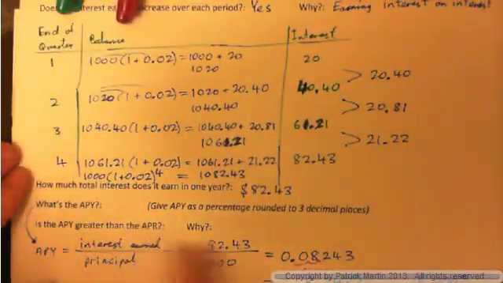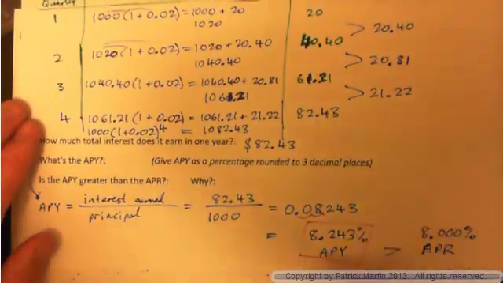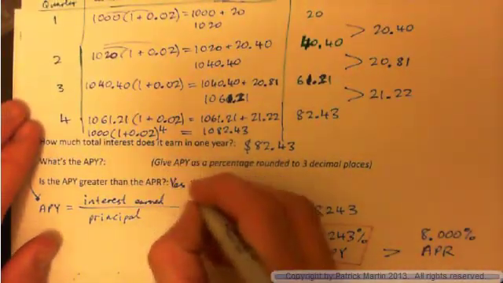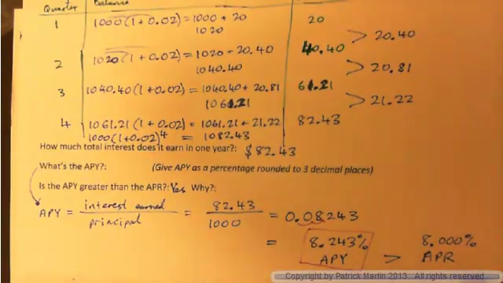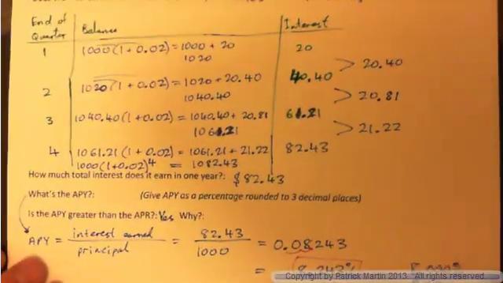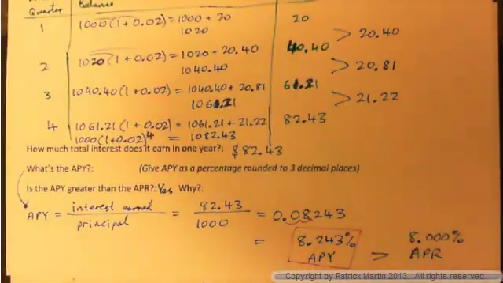Okay. So is the APY greater than the APR? Yes, the APY is greater than the APR. Why? Can you answer this in your own words? Why is the annual percentage yield greater than the annual percentage rate of 8%? In your own words, press pause and think about it.